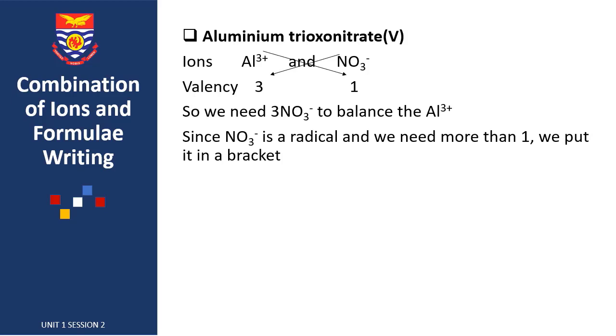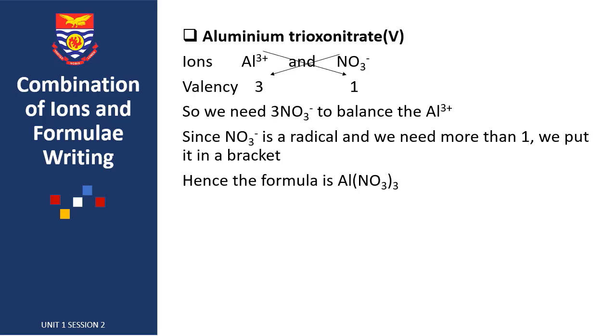Now, this is a radical. NO3 minus is a radical. And radical means they have come together. So everything is for all of them. So the 3 that we are going to give is not going to be for nitrogen alone or oxygen alone. So the best thing to do for the 3 to affect all of them when writing it as a subscript is to put the radical in a bracket and then the 3 outside the bracket as a subscript.